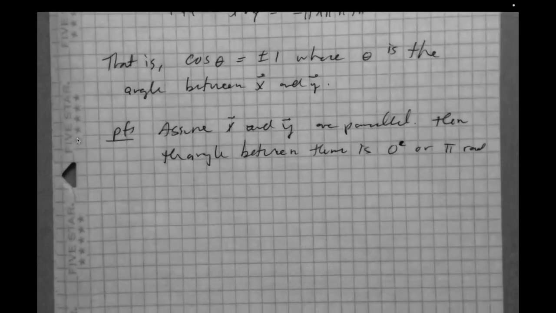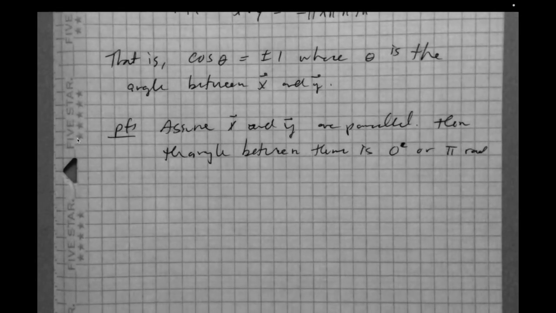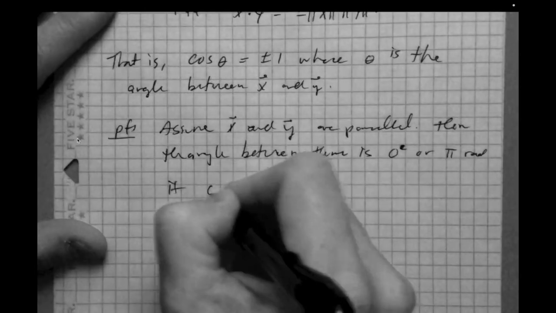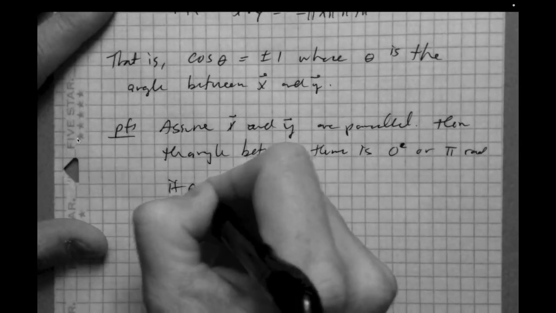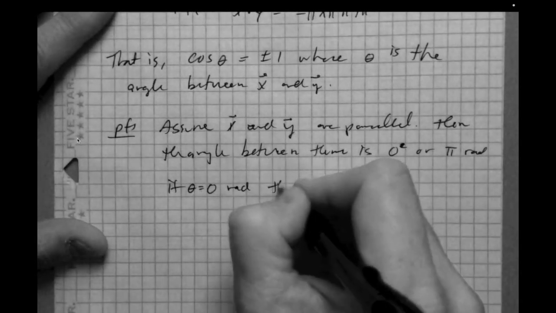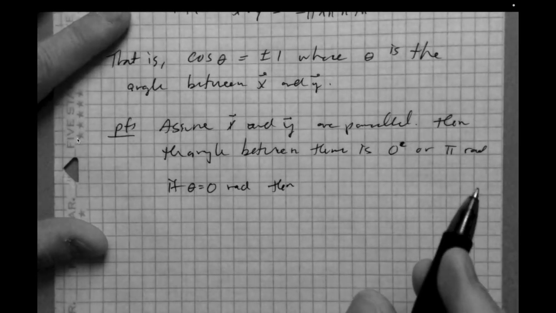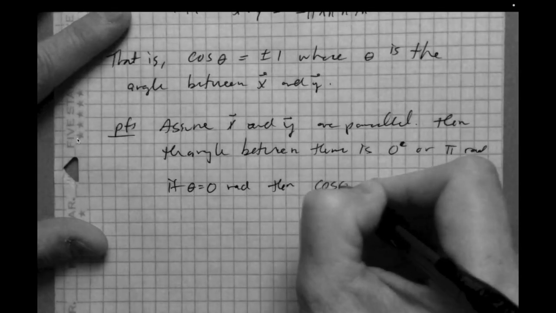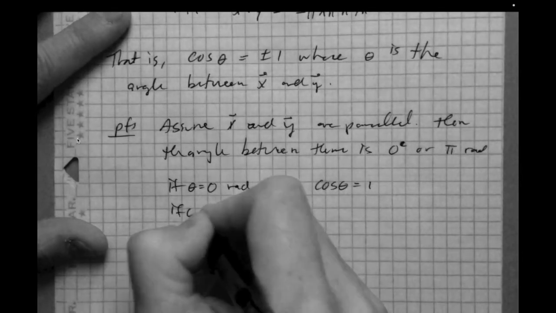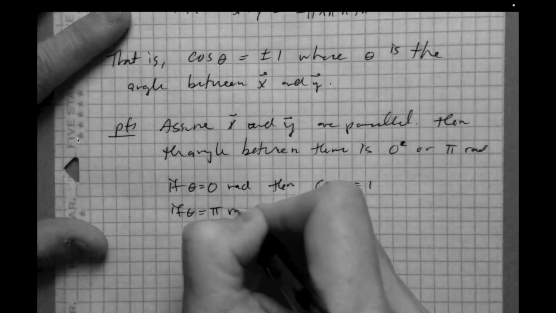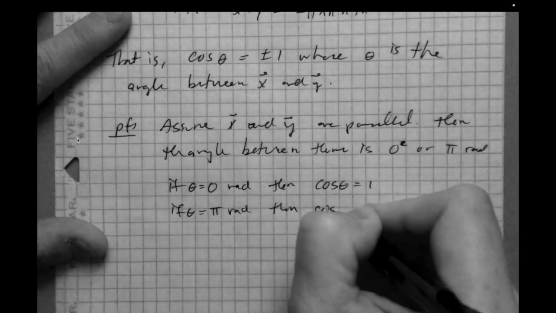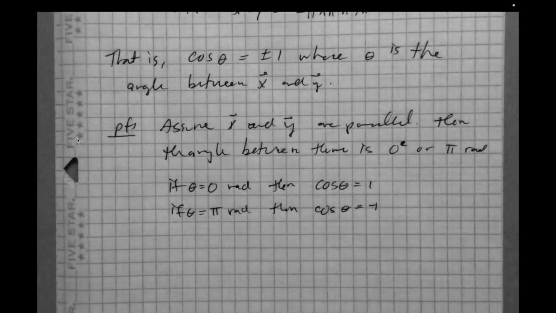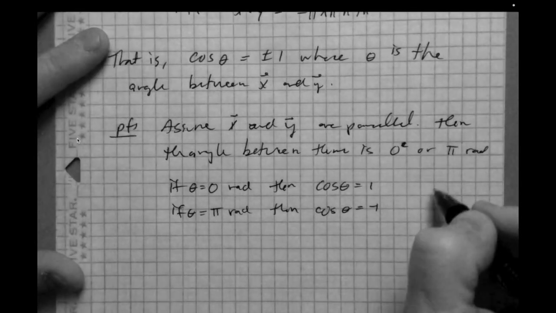If the angle between them is 0, so if theta is equal to 0 radians, then cosine is equal to 1. If theta is equal to pi radians, then cosine of theta is equal to negative 1. Right? That's just trigonometry on the unit circle.